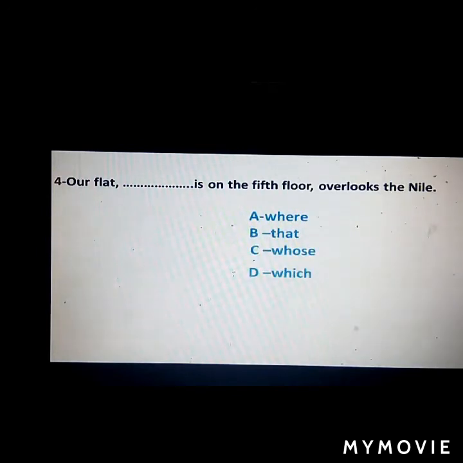Our flat ___ is on the 5th floor, الدور الخامس, overlooks the Nile, يطل على النايل. Which.